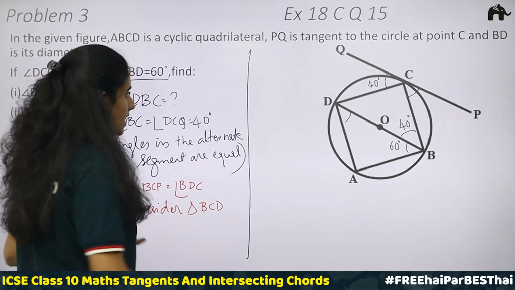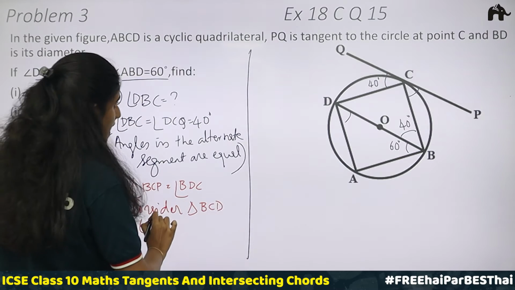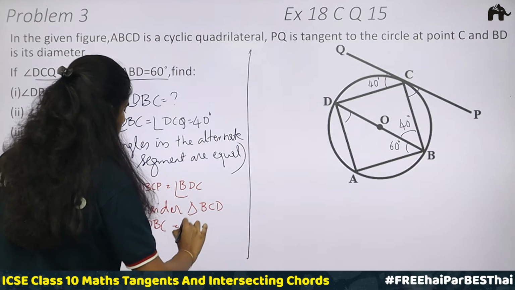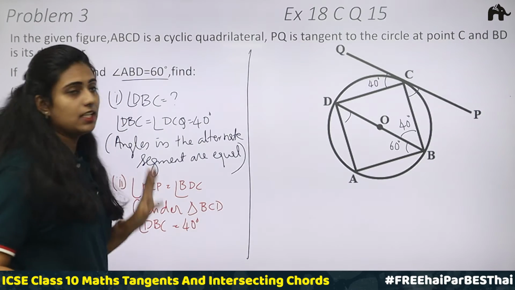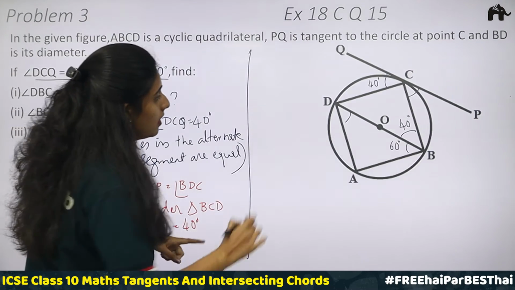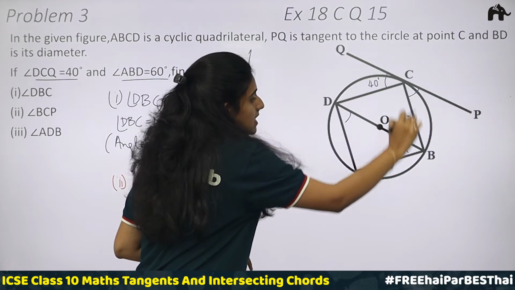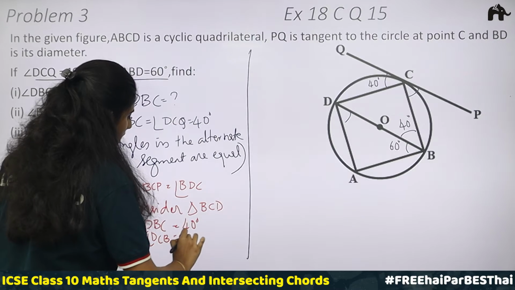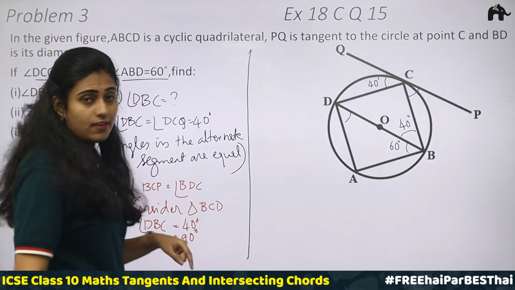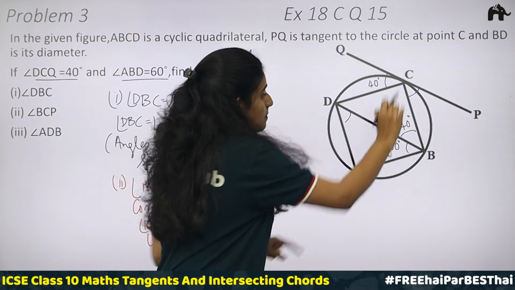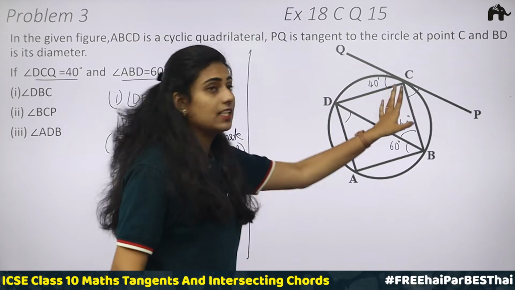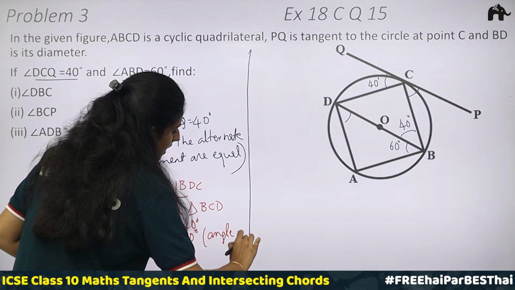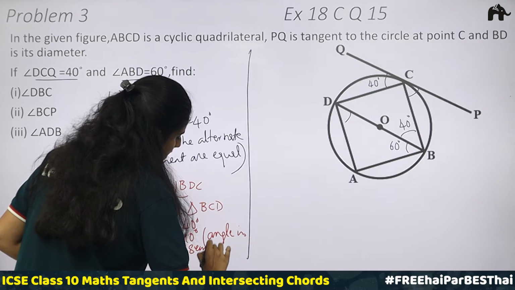Here angle DBC is equal to 40 degrees, which we have determined in the first part. Then we will be knowing angle DCB. What is angle DCB? Angle DCB will be equal to 90 degrees. Why? This is an angle subtended by the diameter, or angle in a semicircle.